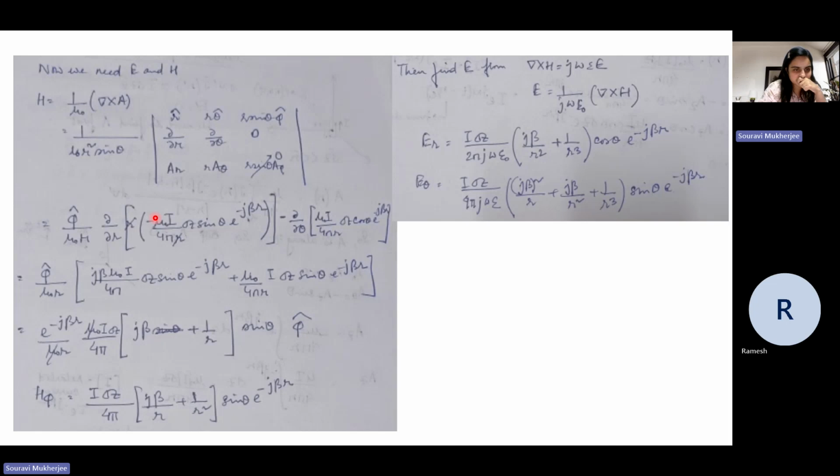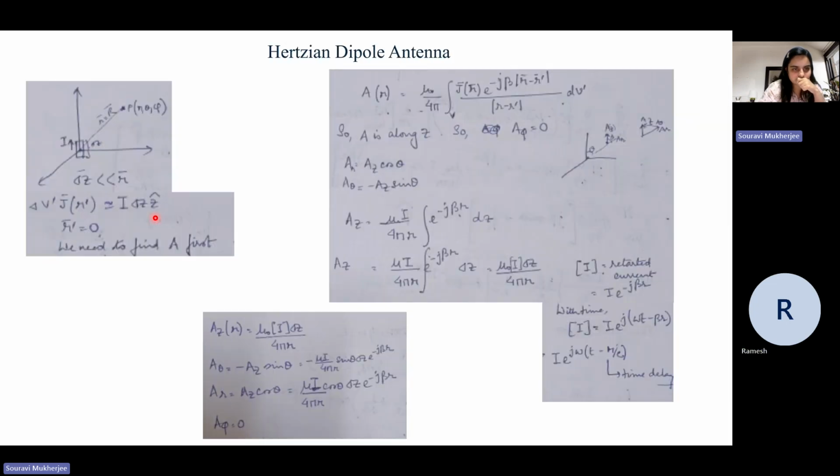You can also write k; the derivation was just in terms of beta. There is no difference, because when you have used this relation, you have already used the same relation that we use for k.